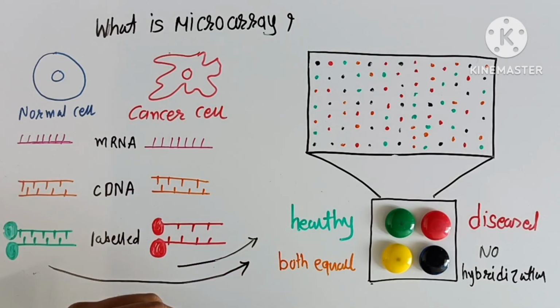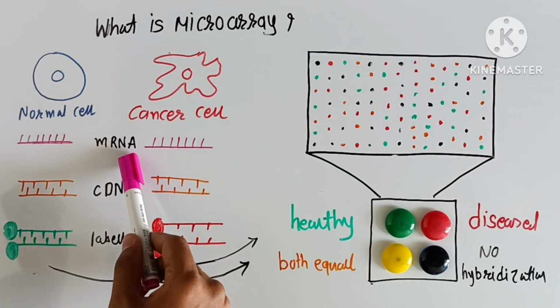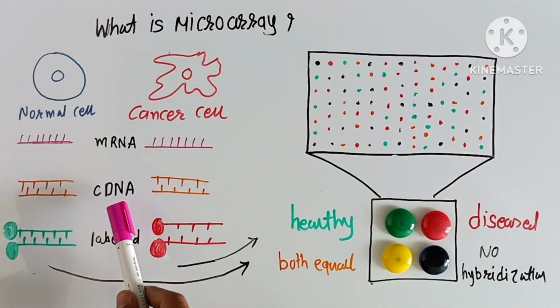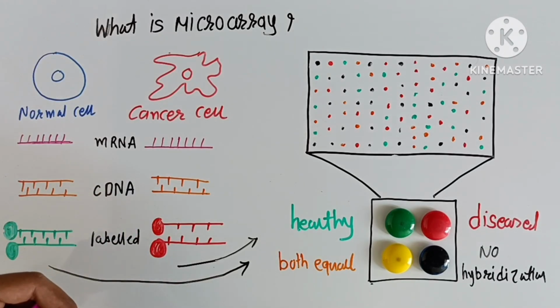Those two cells go for a culturing technique. After culturing, we go for mRNA extraction. After mRNA extraction, the mRNA is transferred for cDNA formation via the reverse transcription process. After cDNA formation, labeling is required. The normal cell is labeled with a green fluorescent dye, and the cancerous cell with a red fluorescent dye.